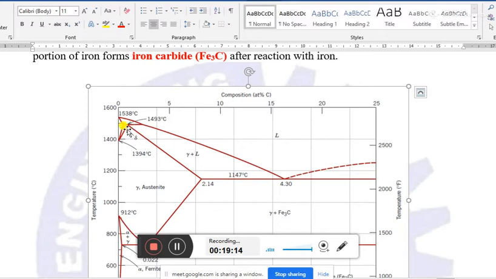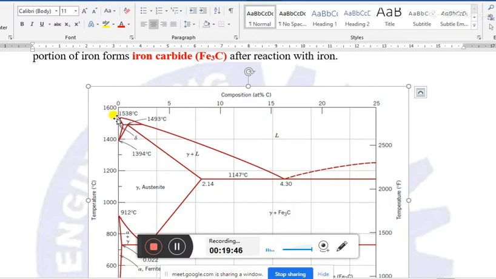And after this temperature, 1493 degrees Celsius, the solubility of carbon in delta iron will decrease, and up to 1538 degrees Celsius or 1540 degrees Celsius, the iron will melt and liquefy.